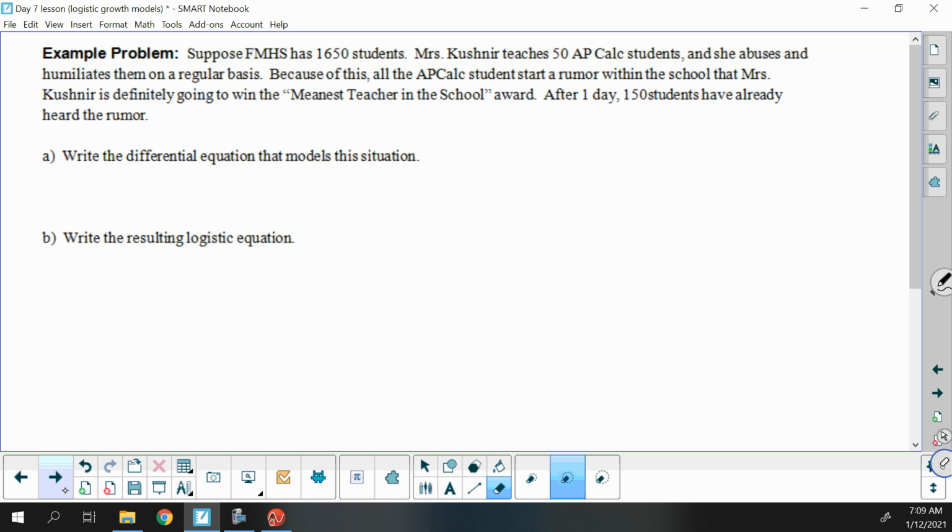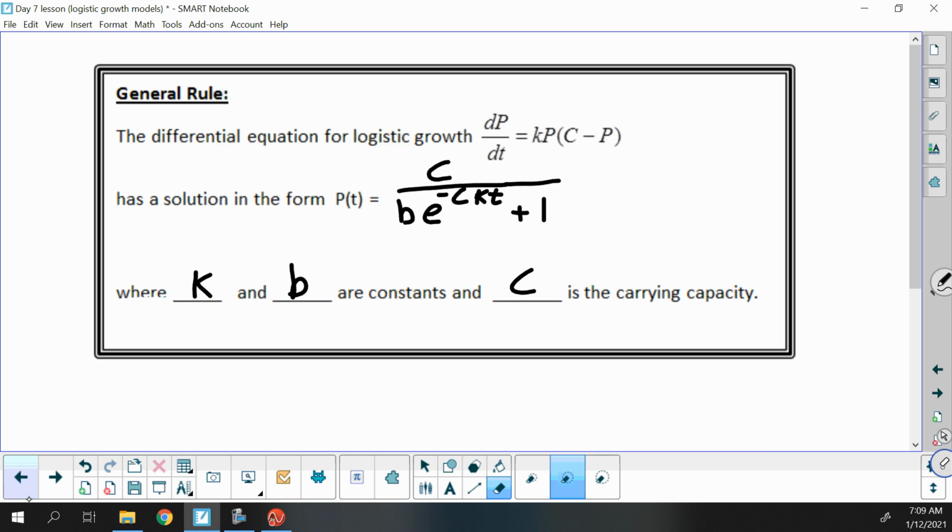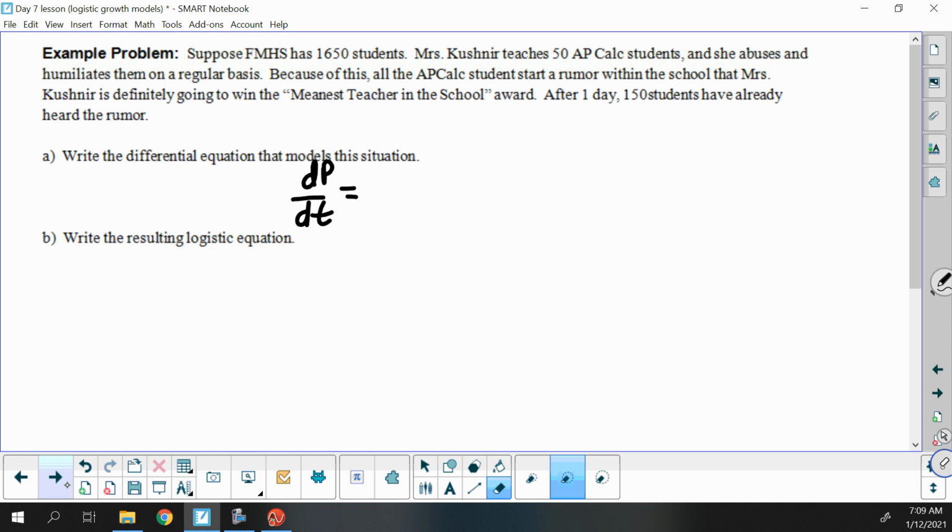Well, our differential equation, when we've got anything that's in logistic form, and a rumor spreading is something that would be in logistic form, we'll have dp over dt. And remember, our basic setup is k, p, and then times the carrying capacity minus p. Well, of those things, right now, the only one that we know is the carrying capacity.